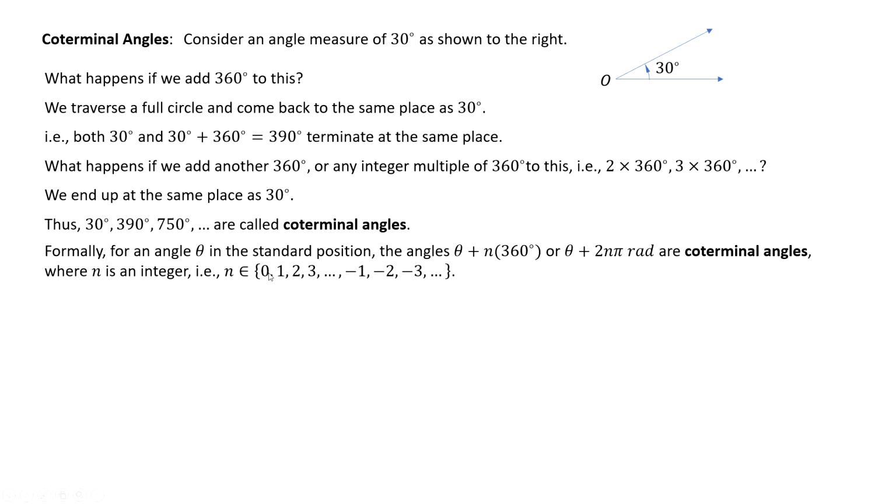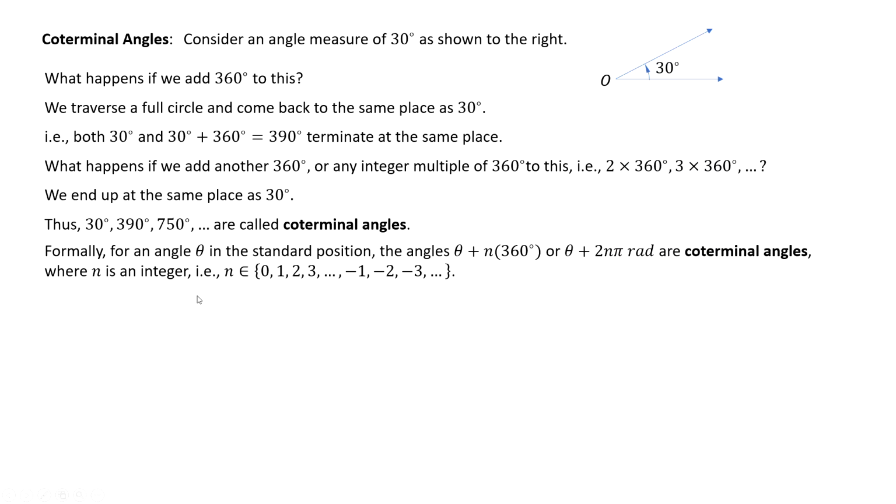This set contains the following elements: 0, 1, 2, 3, 4, 5, 6, and so on, and also -1, -2, -3, and so on. That is what an integer is. An integer is one of these elements in this set. Cool.